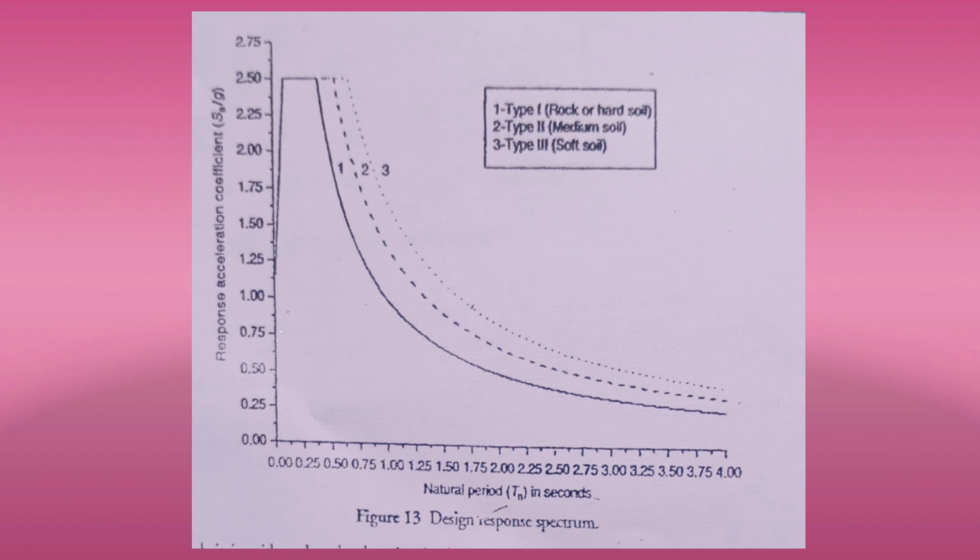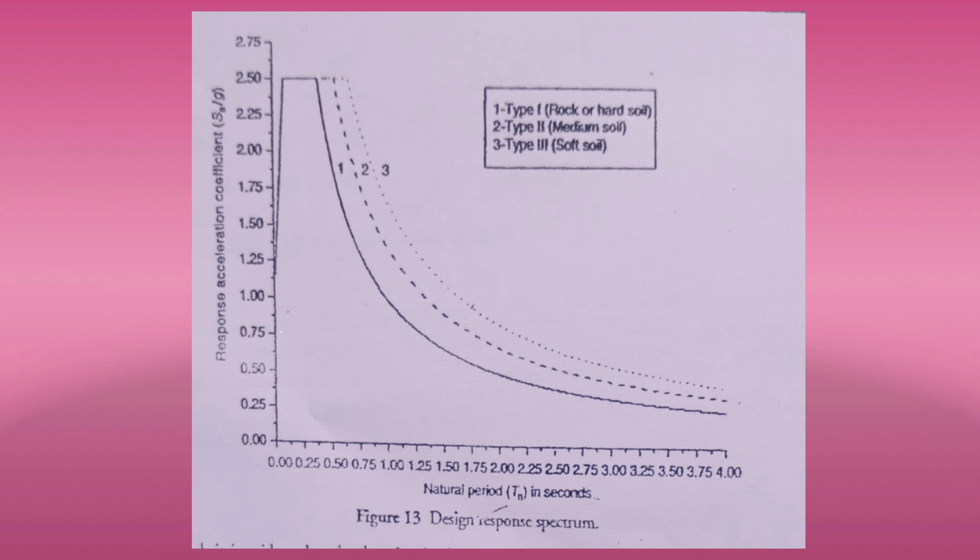In the figure you can see they have shown natural periods Tn in seconds on the x-axis, and on the y-axis the response acceleration coefficient, that is Sa by g.